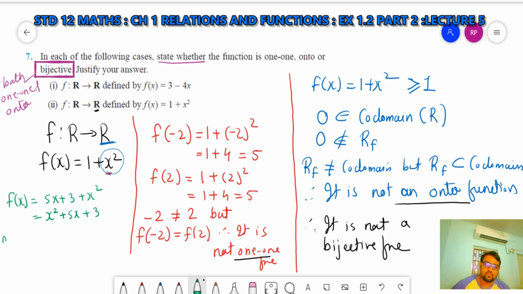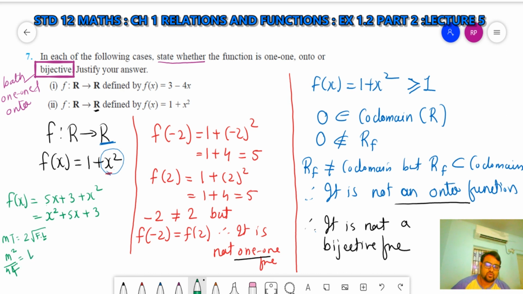You know the formula for the middle term, 2 into square root of first term into last term. So what will be the formula for the last term? Middle term square upon 4 into first term.